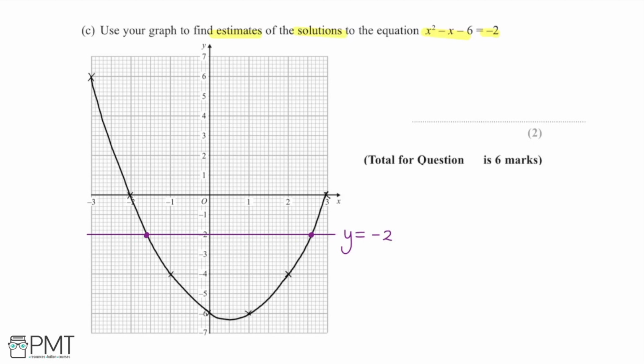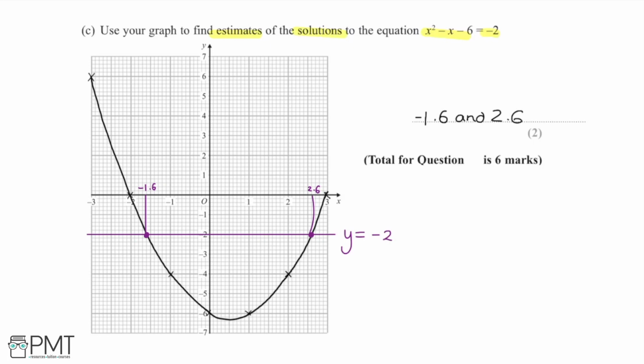So if I trace up from these points up to the x-axis here, we can see we have one at -1.6, and similarly this point is at 2.6. So then my final answers here are -1.6 and 2.6, which are the solutions to this equation that we are given.